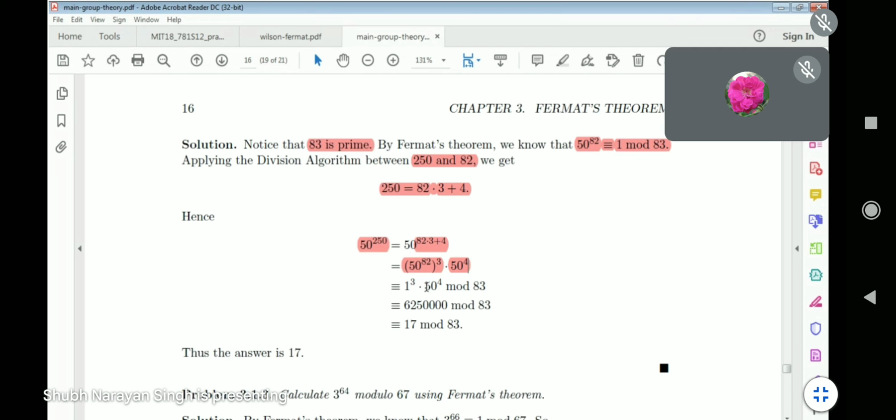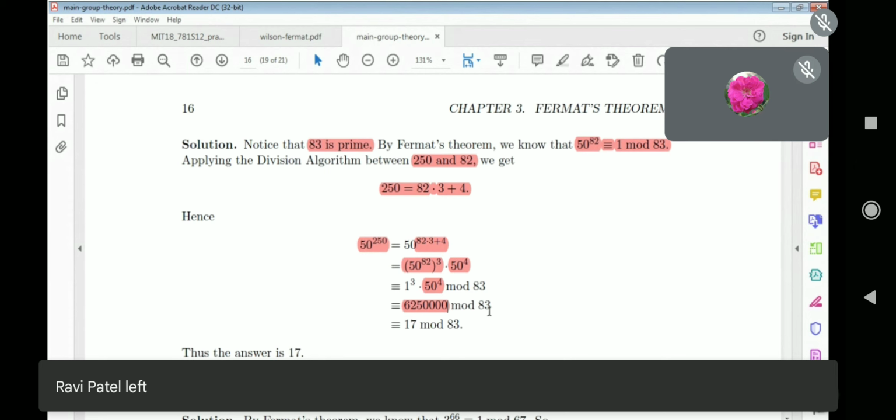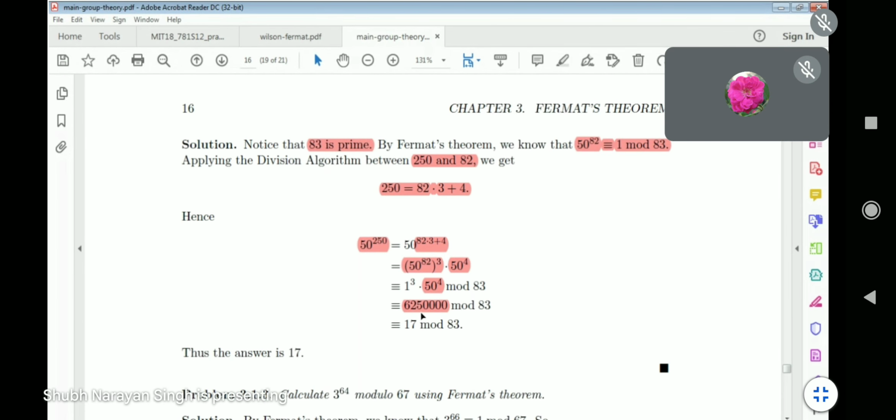And 50 power 4 is nothing but this big quantity. Because now we don't have any method to simplify, we just simply divide this quantity by 83. You can see that this quantity is much smaller than 50 power 250, so you can easily divide this number by 83 and you get the remainder 17.